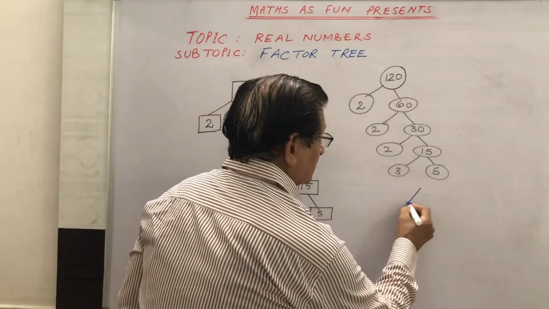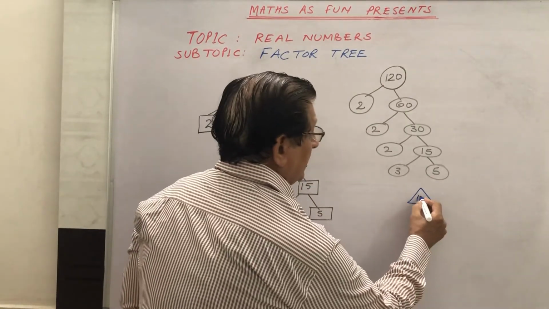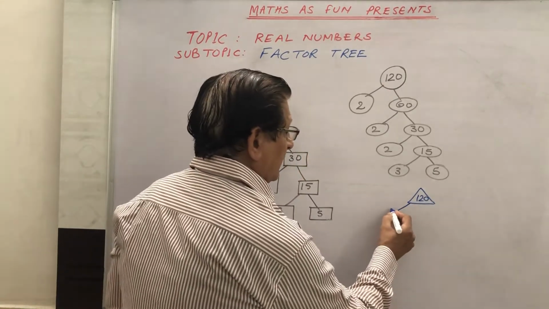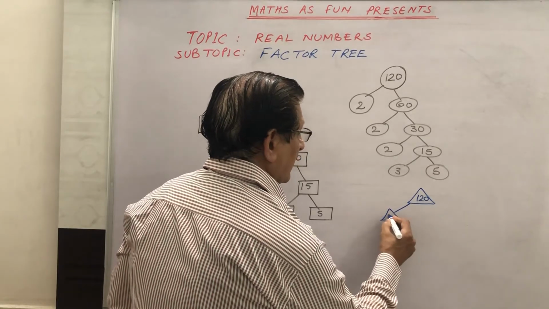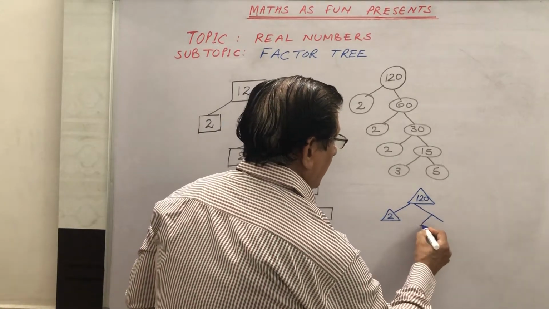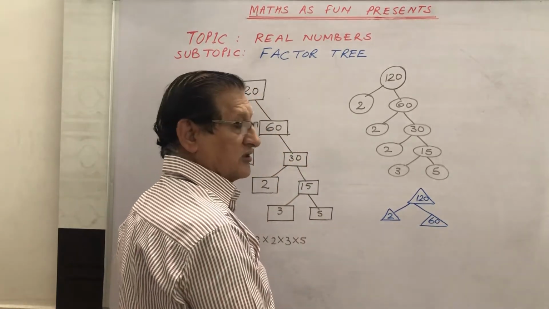One more method is found somewhere. We can also represent the same in the form of triangles. Suppose we put 120 in a triangle. Then we take another triangle, 2 is the factor, and when we divide we get another triangle, in which we write 60.